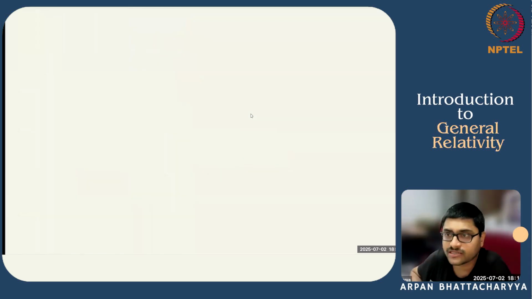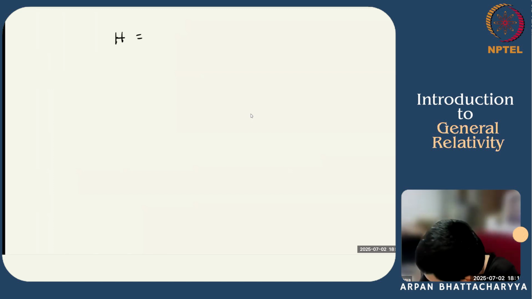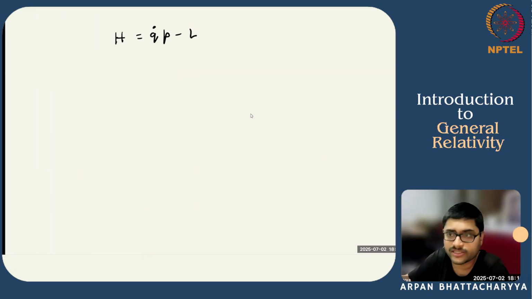So we know from Lagrangian mechanics that if the Lagrangian is not an explicit function of time, then there exists a conserved charge which is given by this capital H, which we can construct like this. L is the Lagrangian, and q is the generalized coordinate, q dot is the time derivative of it, and p is the corresponding canonical momentum, right?